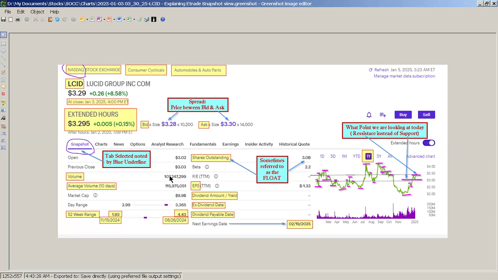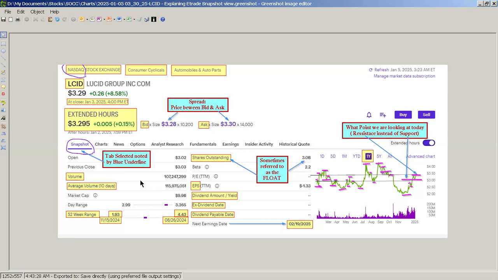Is that common? Well, it's common because the 10-day average is 115 million. If you'd seen the average volume at 1 million and then you saw 50 million, then you would say something must be going on. That's a lot of volume. And I'll show you that on the next stock. I think I picked one of the dividends, that's what I had.